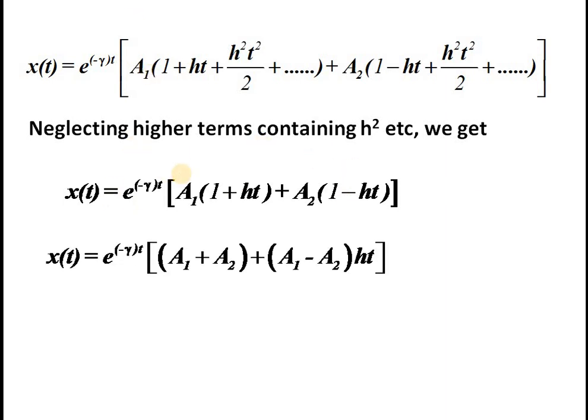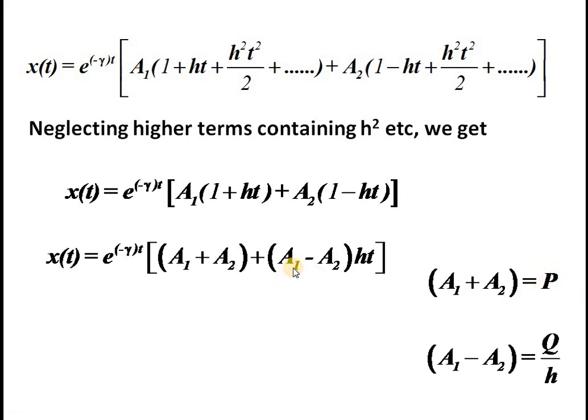Now what we can do, we can take a1 from the first term and a2 from the second term, writing a1 plus a2, and the second one a1 minus a2 ht. So you can place a1 plus a2 equal to some constant, say p, and a1 minus a2 equal to say q by h, some other constant. q is some other constant.